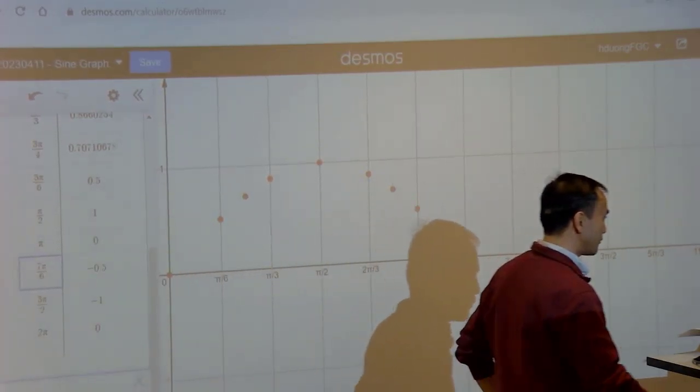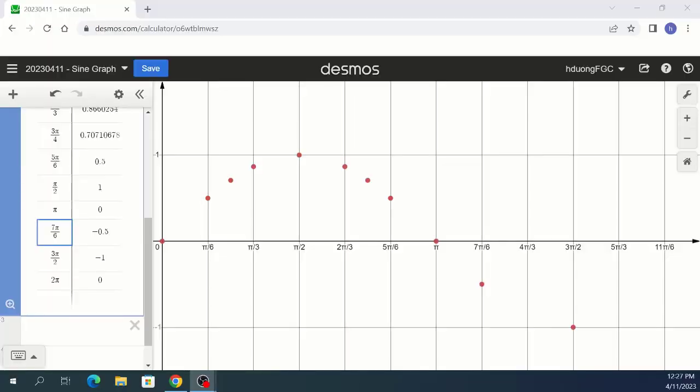And so let's do further. So I got just now the 7 pi over 6. I'm gonna get in with the next one here. How about exactly halfway between pi and 3 pi over 2? That point was not shown in here, but it's a 5 pi over 4, right? So putting in 5 pi over 4, and the answer you guys gave me earlier was negative, right? The output that you guys gave me, negative square root 2 over 2.